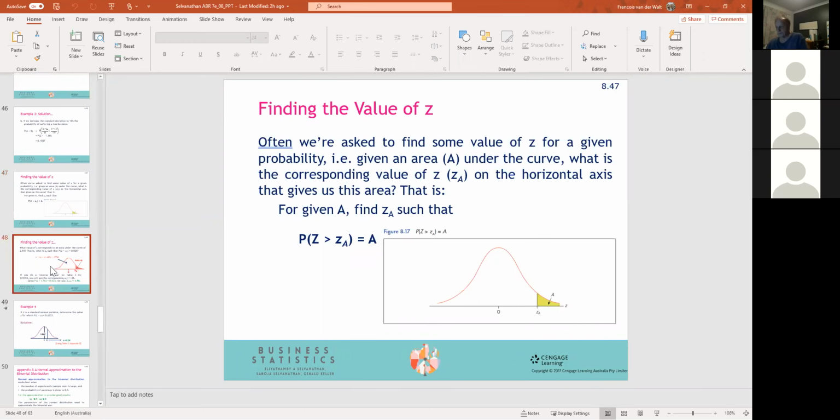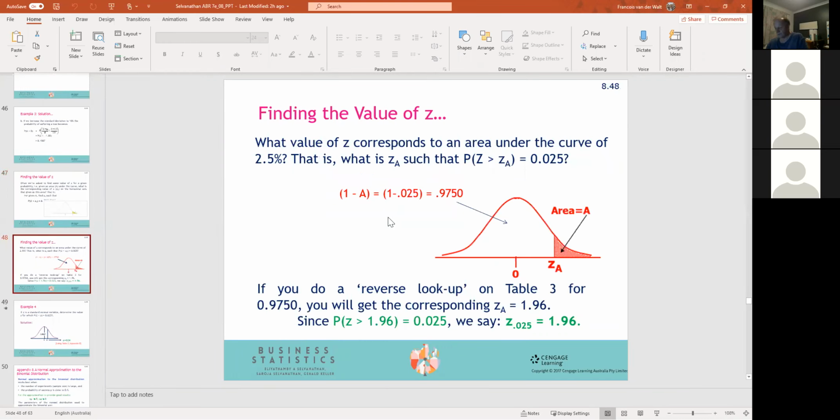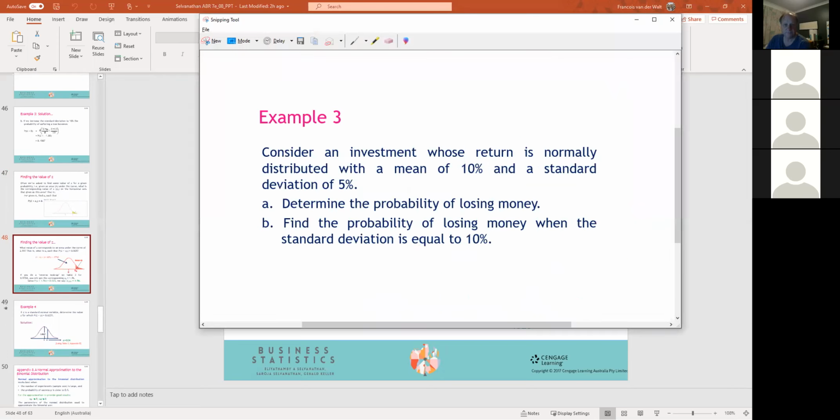Here they go through how to find this: what value of Z corresponds to an area under the curve, that is, what Z_alpha is such that this is true. Let me go straight into Excel and show you how I do it there. It's much simpler.